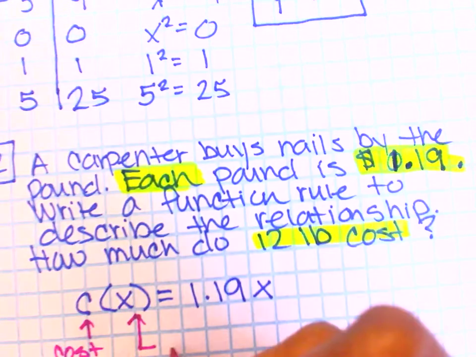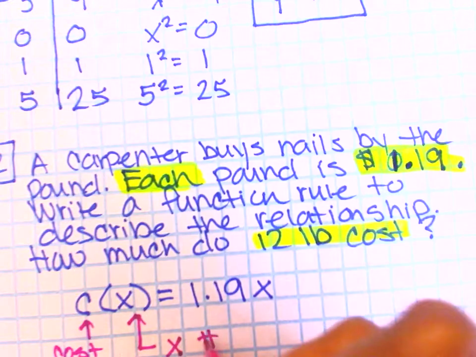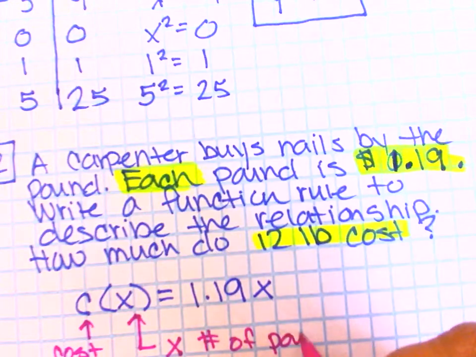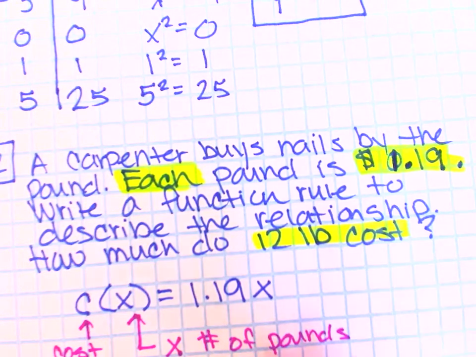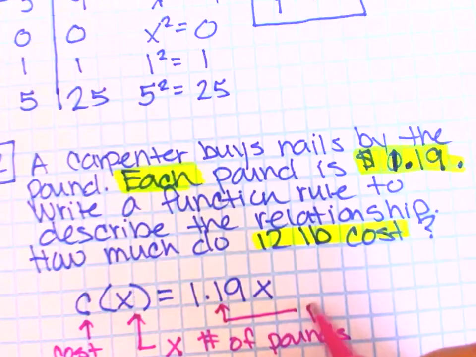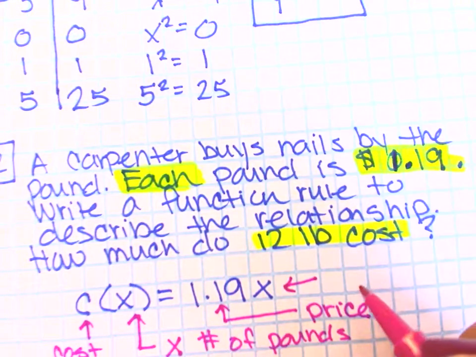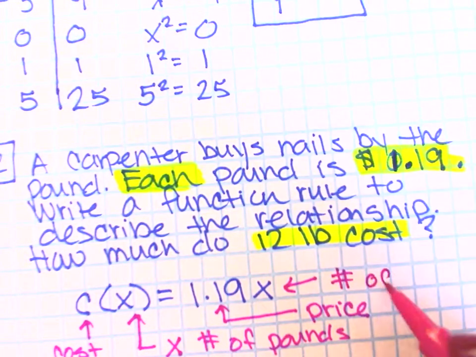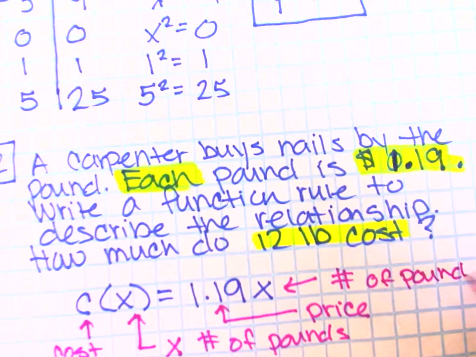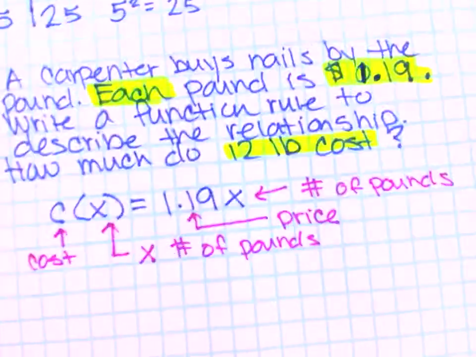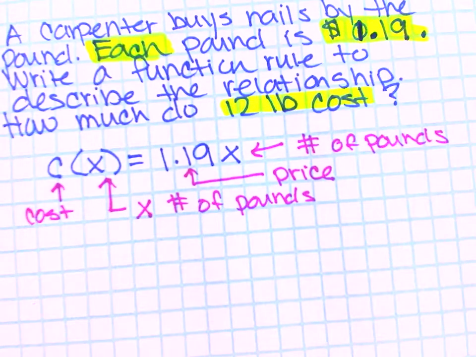This is the X number of pounds. This is the price. So whatever the cost is times the number of pounds. So if it were 19 cents, that's really cheap.